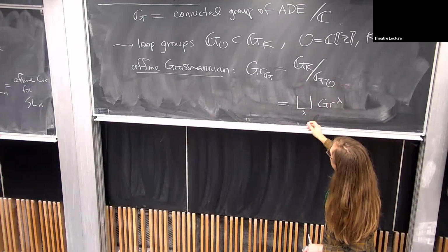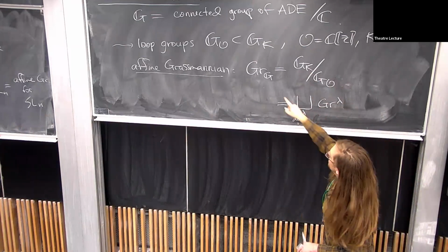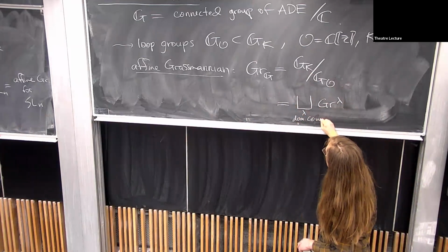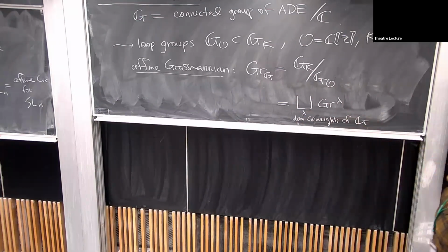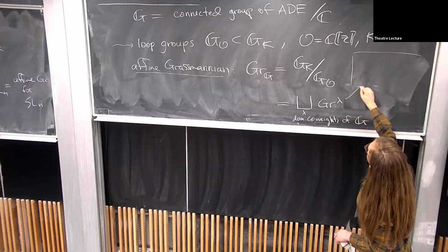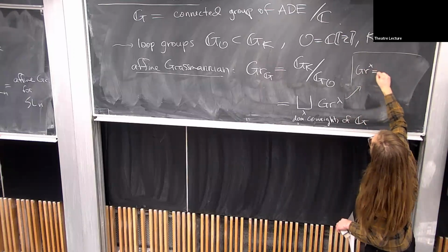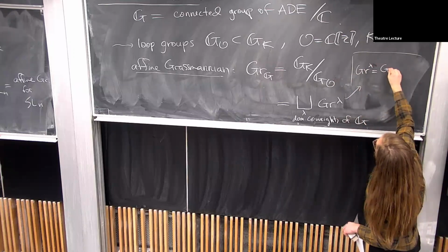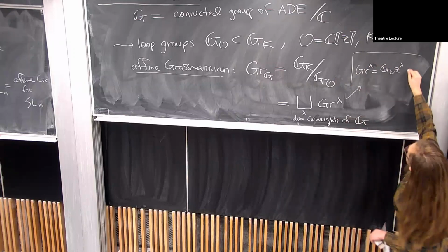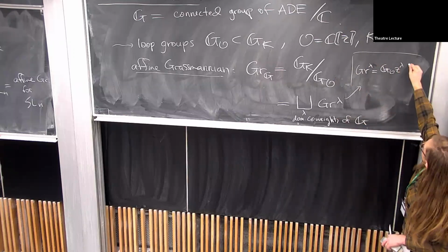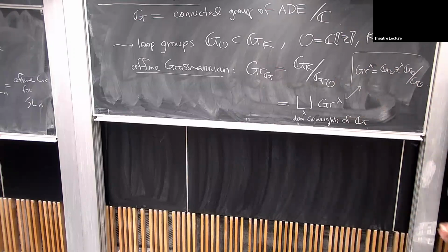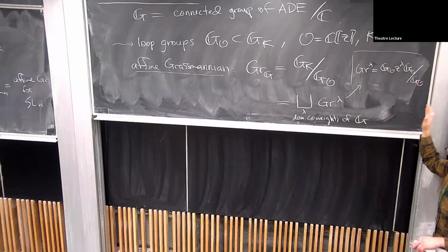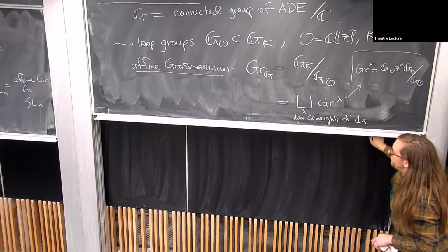Here lambda runs over the dominant co-weights of G, and this thing is, as I said, a left orbit of this group acting on some point corresponding to the co-weight. Now this is a finite dimensional smooth variety, actually.